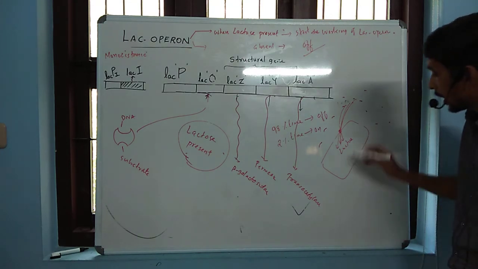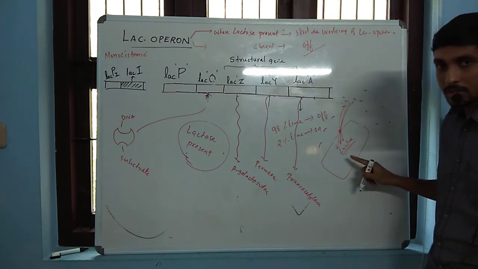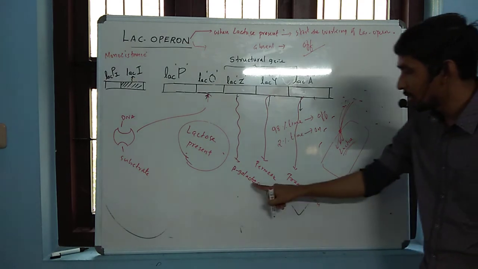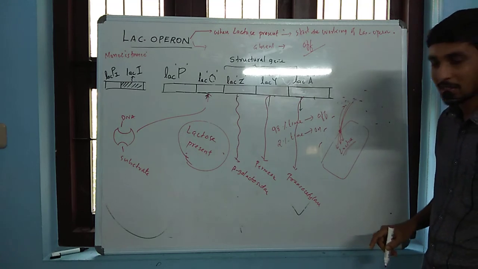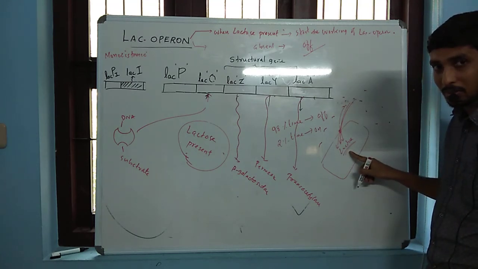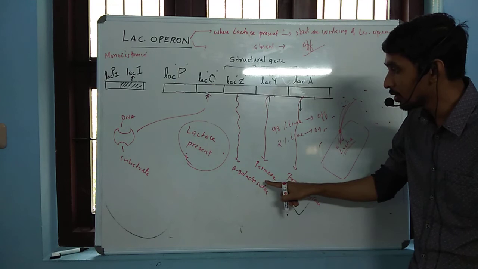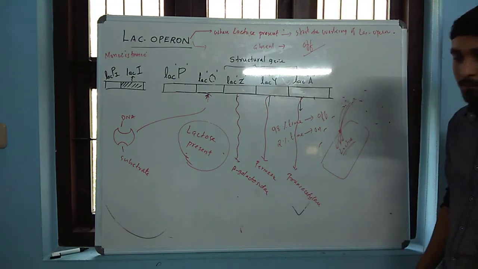Okay. And when lactose reaches inside the cell, the small amount of beta-galactosidase present in the bacterial cell converts it into allolactose, and it also converts it into glucose and galactose.